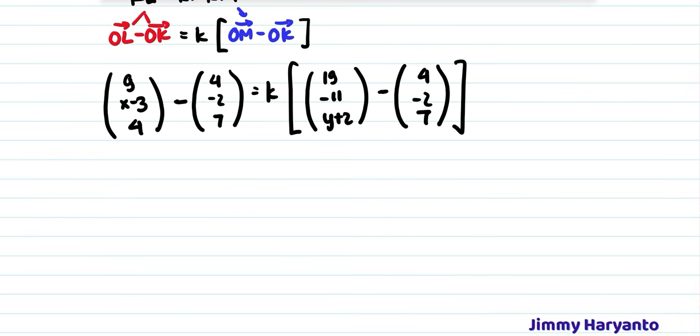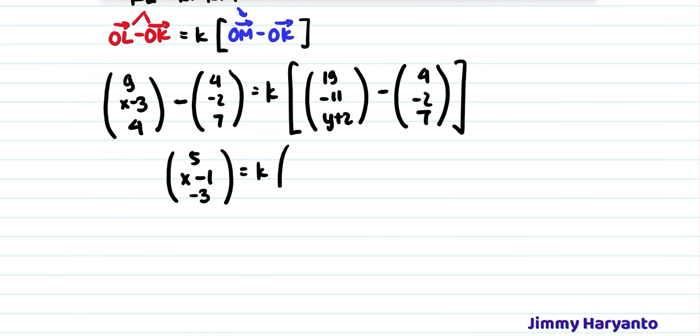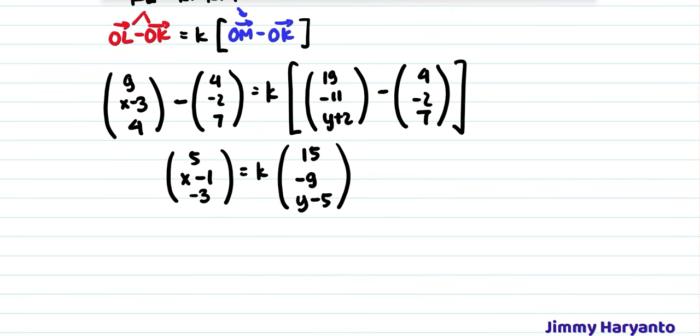Okay, next is to simplify. This one is 5, this one is x minus 3 plus 2 is -1, and then 4 minus 7 is -3, equals to K times 19 minus 4 is 15, this one is -9, and this one is y, 2 minus 7 is -5. Okay, let's start from here.